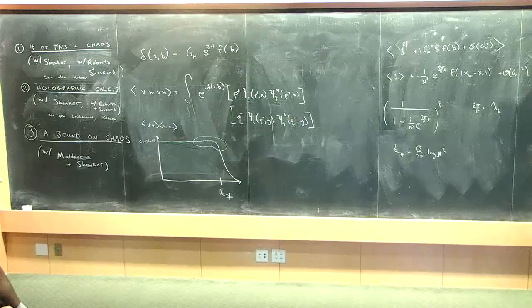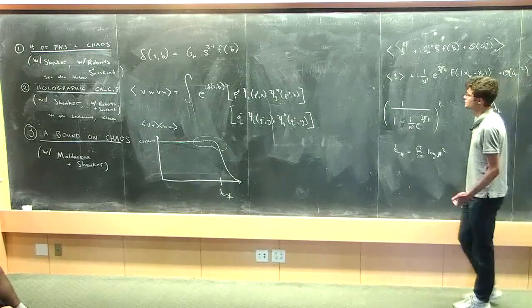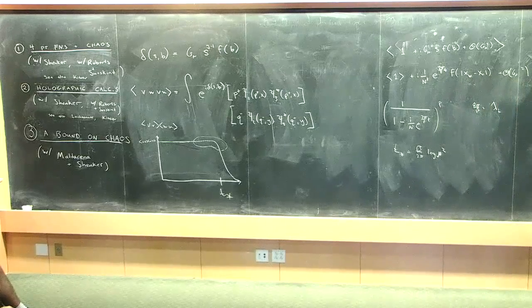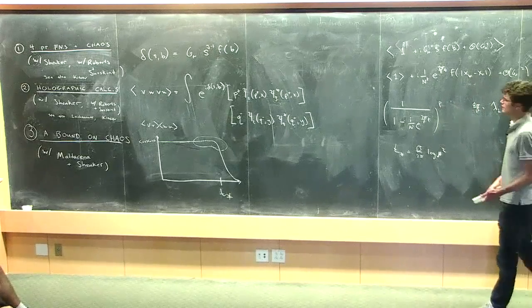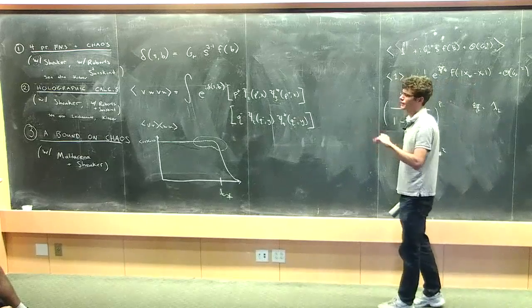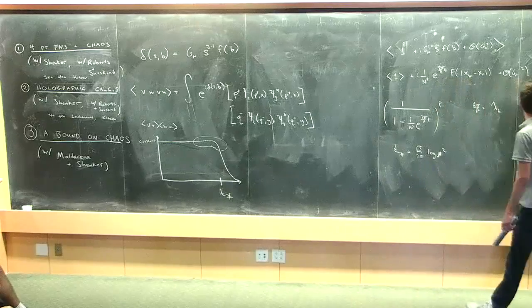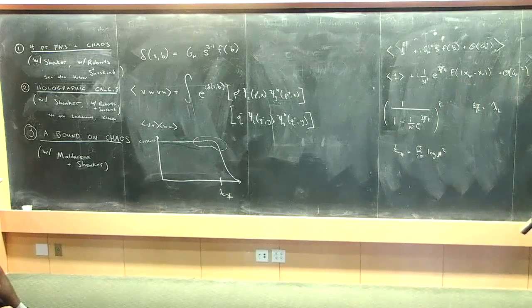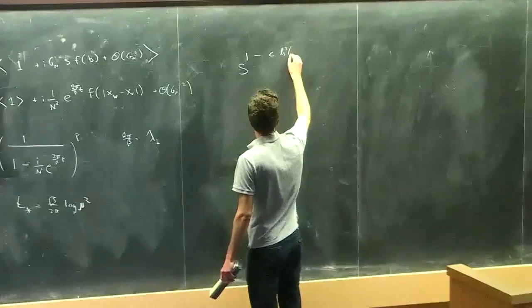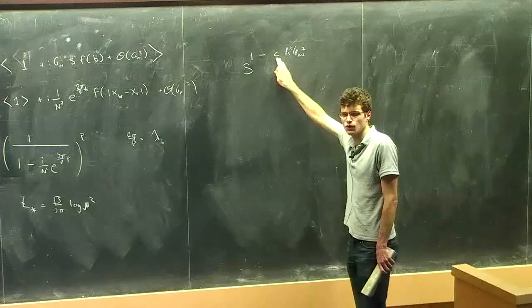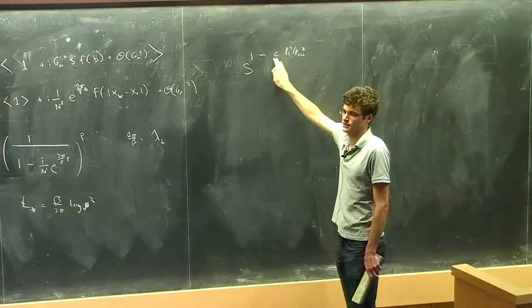Good. A slightly less trivial example is to consider stringy corrections in the bulk. Following work by Brower, Polchinski, Strassler, and Tan, Steve and I calculated the first alpha prime correction to this scattering in the black hole background. What one finds is that the exponent S to the first power is corrected to S to the 1 minus some constant times L string squared divided by L AdS squared, where this constant depends on the particular black hole, but one can show that it's always positive.